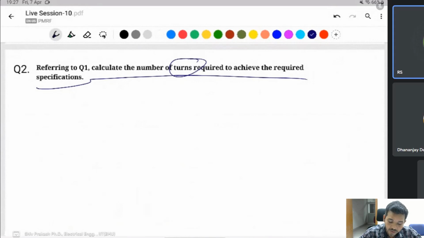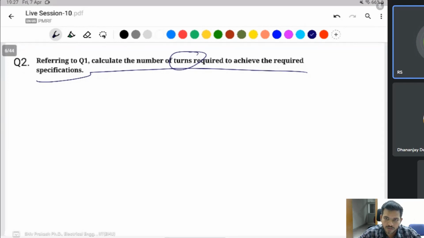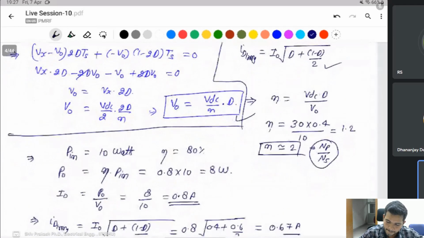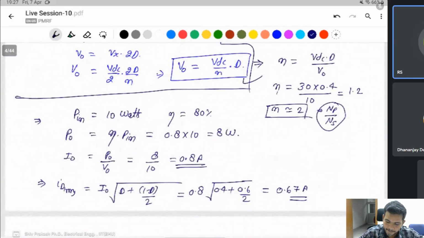Sir, I have the question till, sir, that NP by NS equal to 2. That NS is the one half of the secondary winding, right? Yes, sir. It means if the number of primary turns is 2, then secondary turn is 1. If the number of primary turns is 10, then secondary is 5.